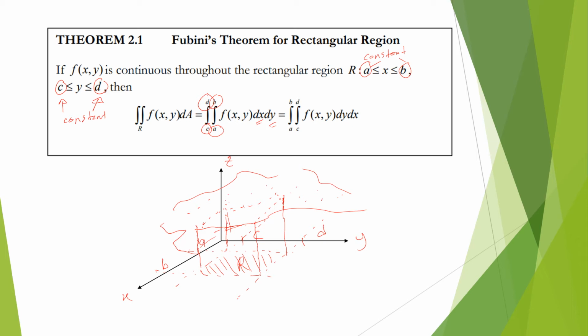The double integral equals the value of the volume of this solid, with base region R, and the top of the solid is covered by the function f of x, y.